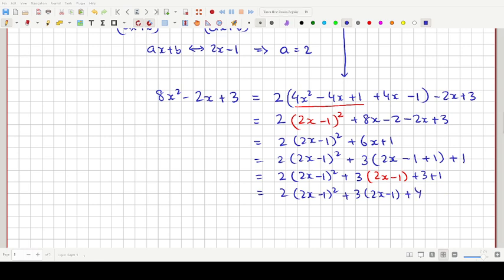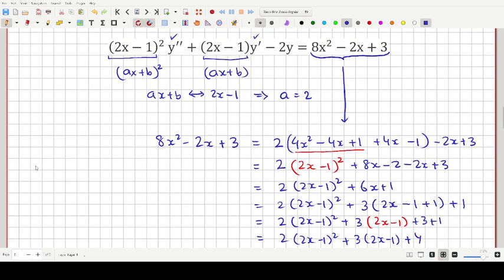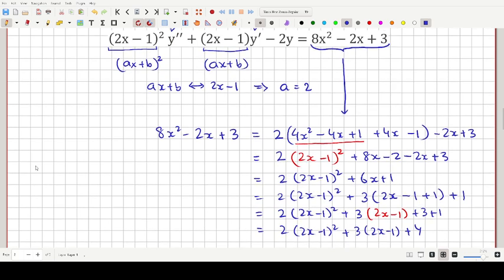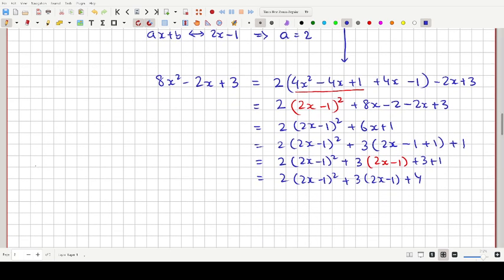So what we have done here is we have rewritten the 8x square minus 2x plus 3 on the right hand side in terms of 2x minus 1, which is essentially the ax plus b term.